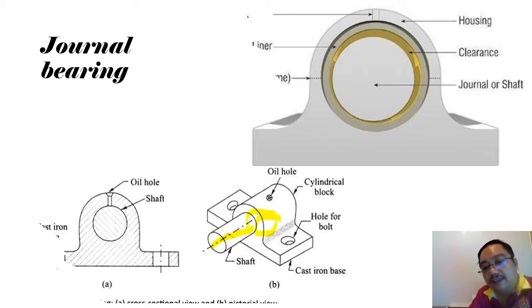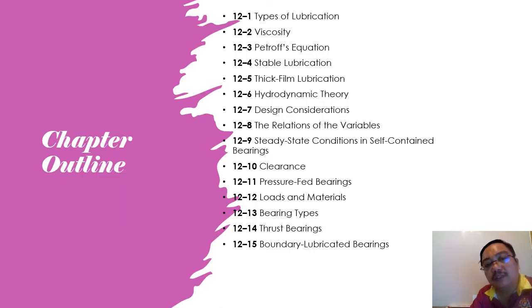This is the oil hole to put the lubricant inside. You will learn about lubrication, electrohydrodynamic lubrication, and all other lubrication for general bearings. General bearings have so many applications. You will see the bearing in big machinery.